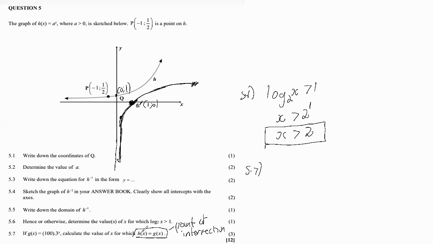So all you have to do is take the equation of h of x, which you have already identified from looking at the value of a, and say h of x is equal to g of x. Remember our equation here was just 2 to the exponent of x. But we are given that g of x is 100 times 3 to the exponent of x.